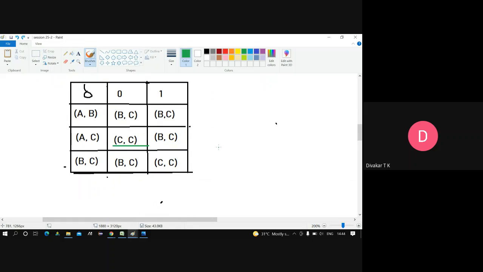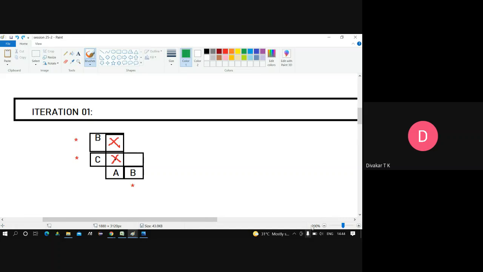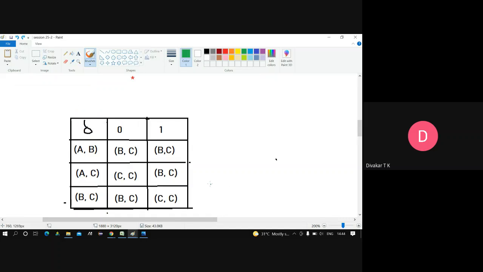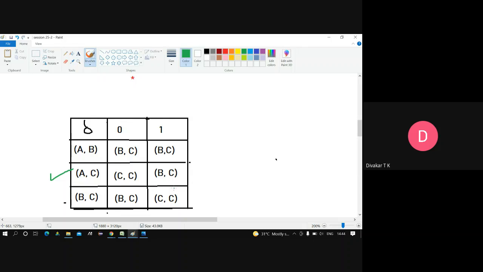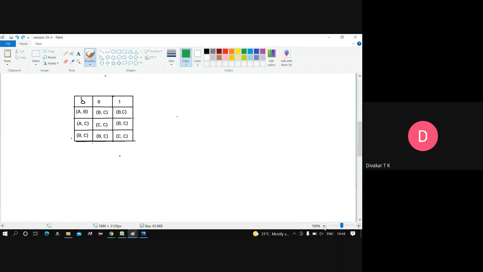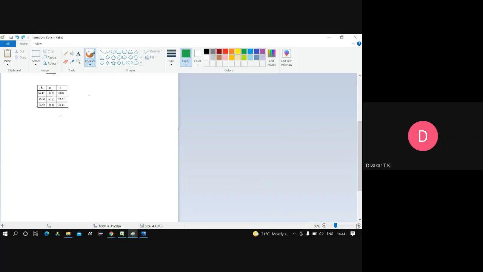Again, no marking for BC, CC. So you have to stop the iteration here. If there were a mark, we would make a tick mark and continue the iteration. Now we are stopping the iteration. No markings are there, so that's why we stop the iteration.